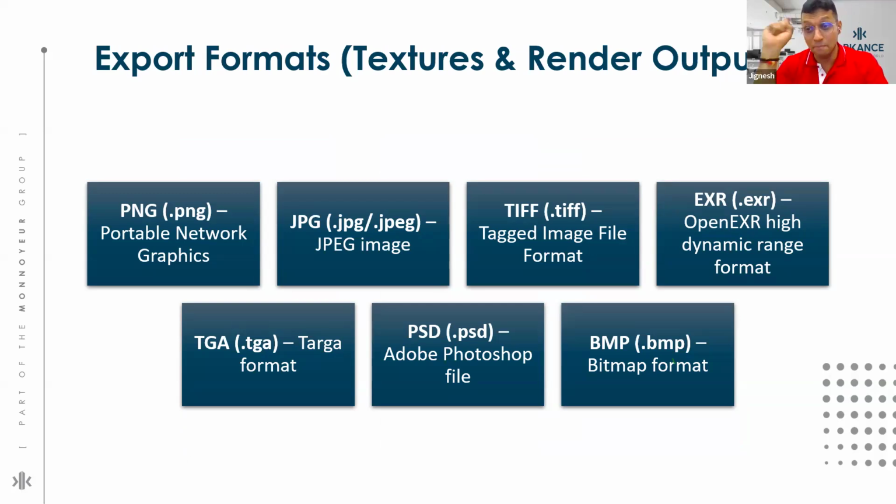EXR is something compositors use very widely, right? TGA, which is also known as Targa. We have worked with Targa formats for decades now, almost two decades, for our editing and compositing needs. PSD, of course, for Photoshop, and web formats.